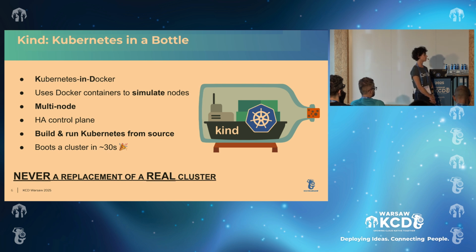Of course, Kind will never replace a real cluster, a real testing setup. It should be one of the steps in our pipeline, and I think it should be every Kubernetes developer's best friend for smoke testing, for testing things manually, and of course it can be used in CI.